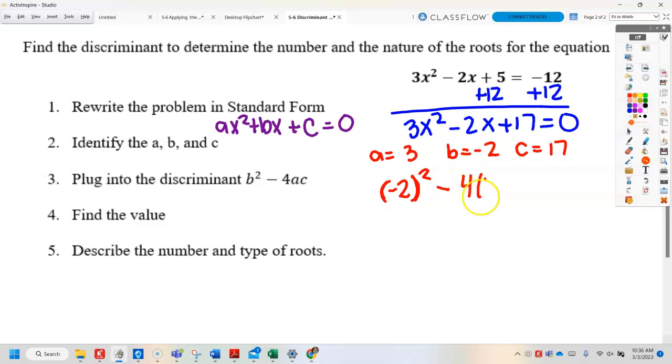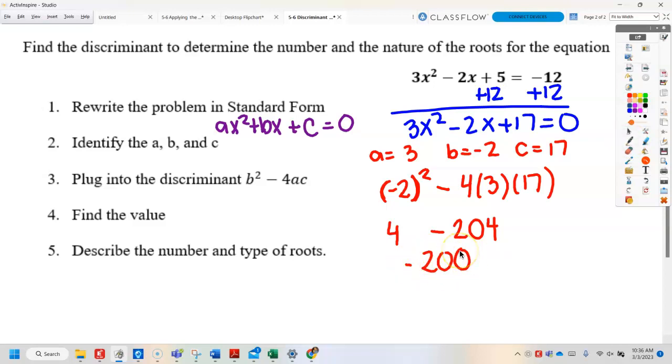Minus 4ac. 4 minus 2 and 4 gives a negative 200.